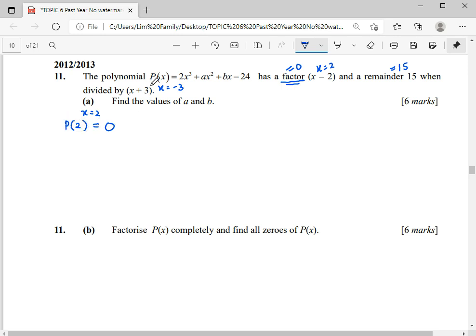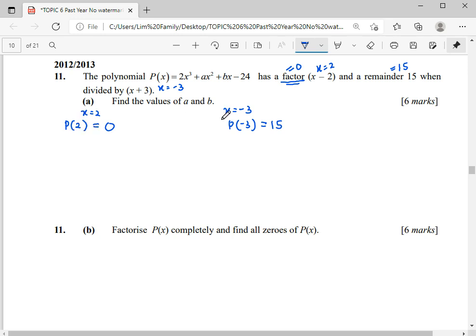For the remainder theorem, when x equals negative 3, we substitute it into our polynomial and we will get 15. The difference is that the factor theorem equals 0, while the remainder theorem equals the number or the remainder they give us. Then after that only do we start substituting.